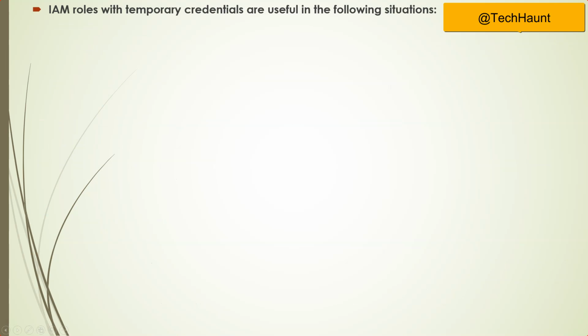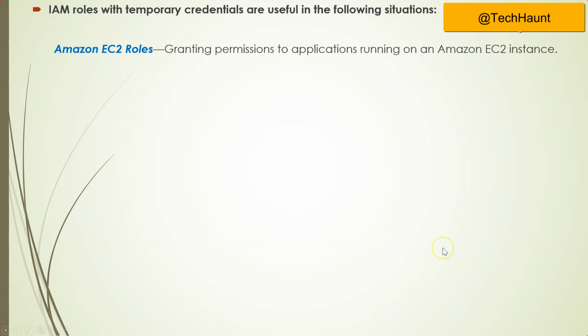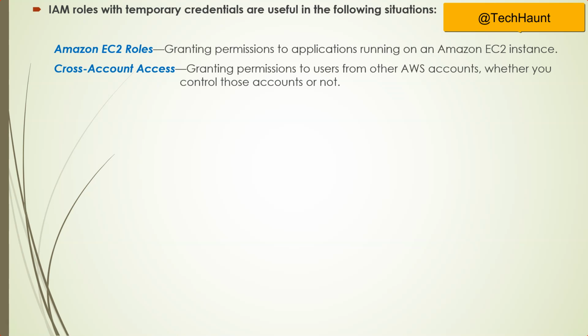IAM roles with temporary credentials are useful in the following situations. You can take a look at Amazon EC2 roles, granting permissions to applications running on an Amazon EC2 instance. Cross-account access, granting permissions to users from other AWS accounts, whether you control those accounts or not.